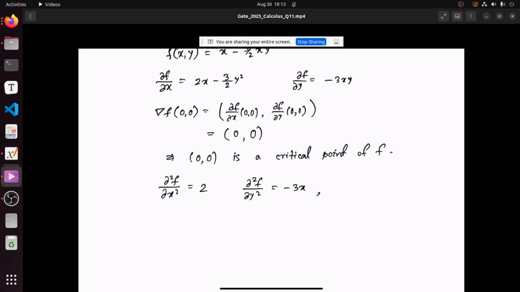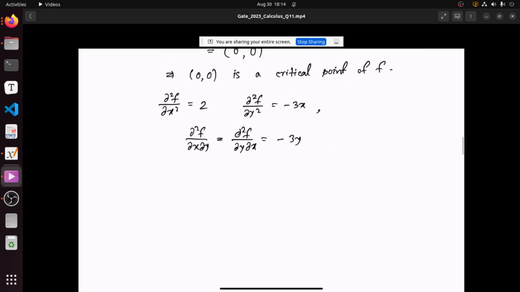And the mixed partial derivatives, because these are C2 functions, are the same, del 2f del x del y and del 2f del y del x both will be minus 3y, right?